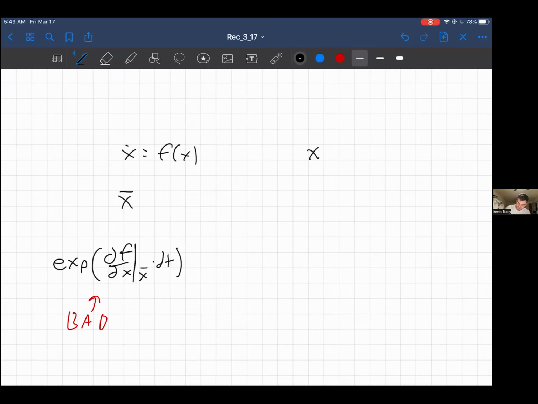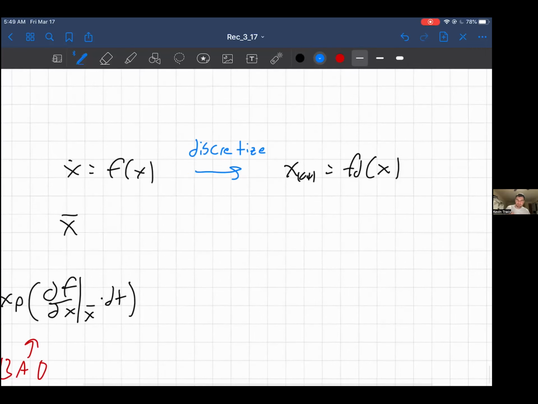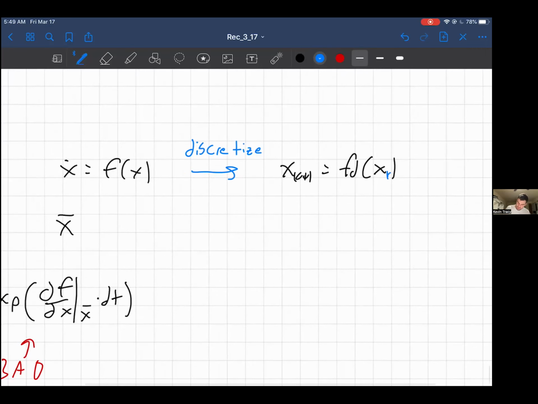So take this x k plus 1 and discretize it with an integrator. Discretize this: x k plus 1 equals f d of x k.